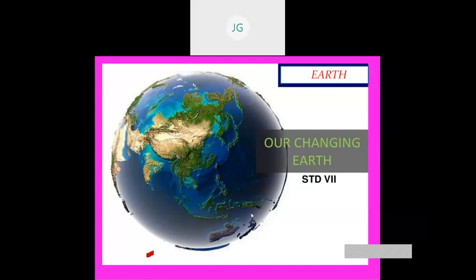The distribution of land and water, however, has not always been the same. Today we are saying the distribution of land and water has not always been the same on the earth's surface. We are going to see about that only in this changing earth.